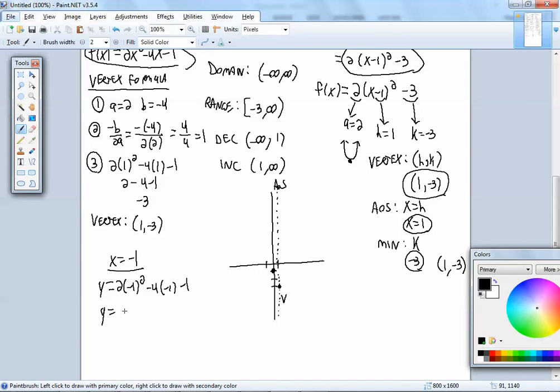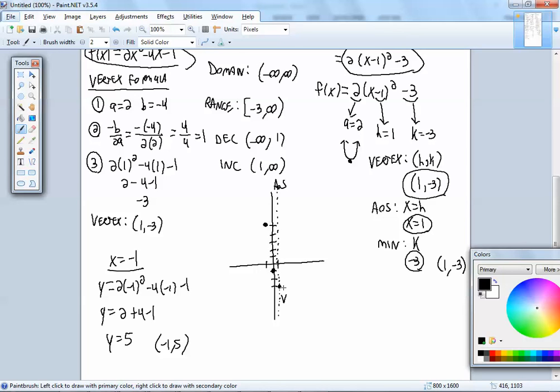Negative 1 squared is 1 times 2 is 2. Negative 4 times negative 1 is a positive 4, minus 1. 2 plus 4 is 6, minus 1 is 5. So that would be the point (-1, 5). 1, 2, 3, 4, 5. (-1, 5), somewhere right there.